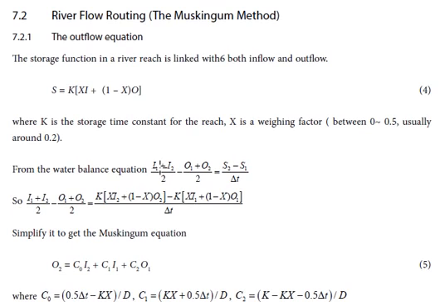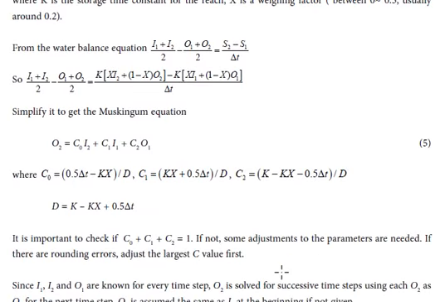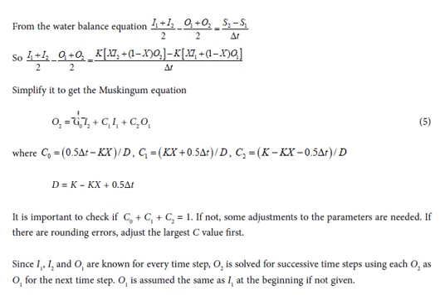From the equation which we discussed earlier, we can express these terms in terms of the outflow, and the constants C0, C1 and C2 are given as follows.